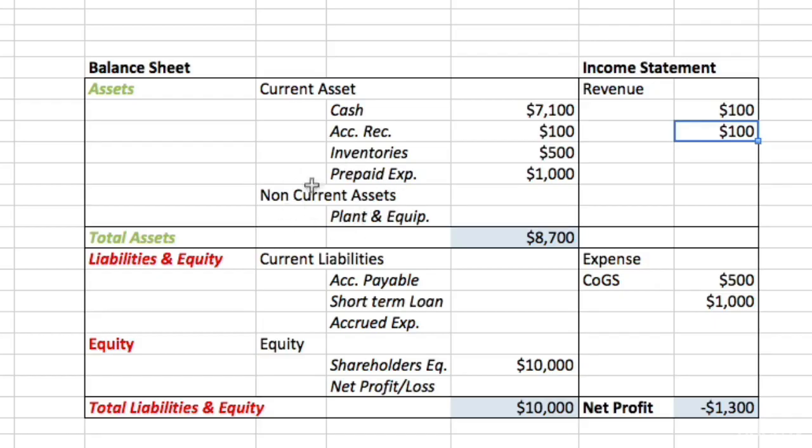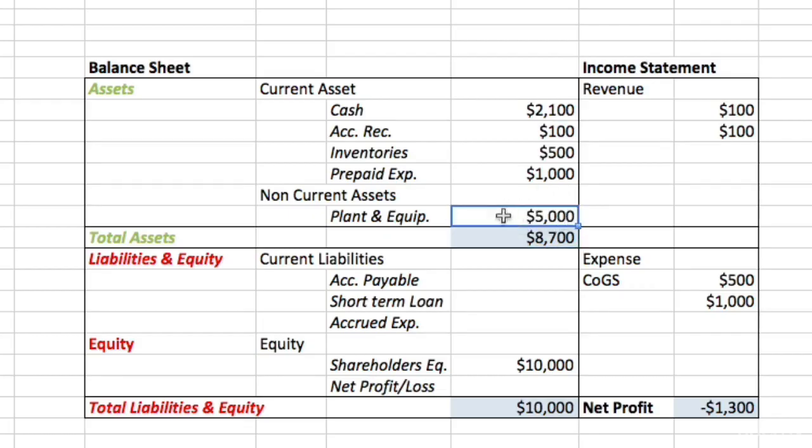Let's consider now another example. Let's see how our non-current assets affect our income statement. Remember that the non-current assets are those that have a life cycle of more than one year. One example of non-current assets is, of course, the equipment that we use in the business. Let's say that we used $5,000 of our cash, therefore our cash is going to decrease to $2,100, to buy our ice cream machine that is worth $5,000.